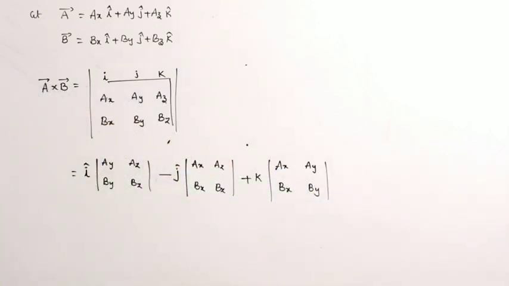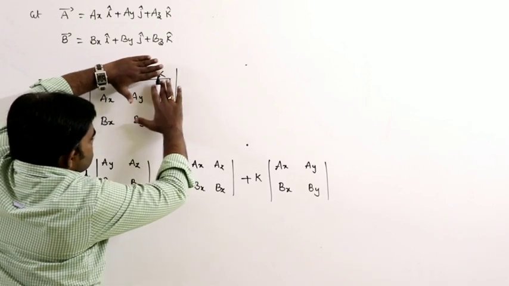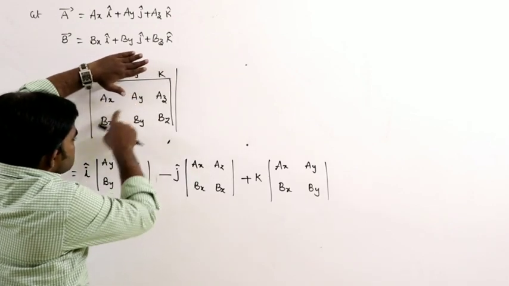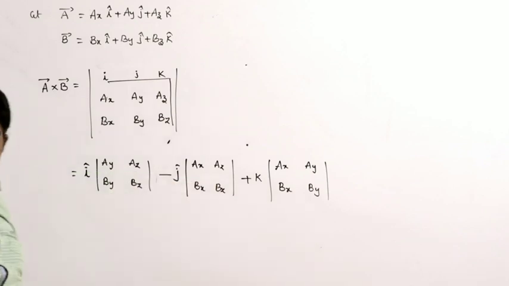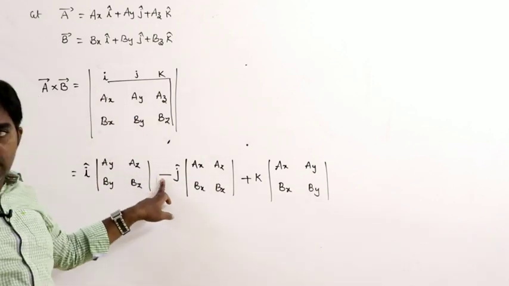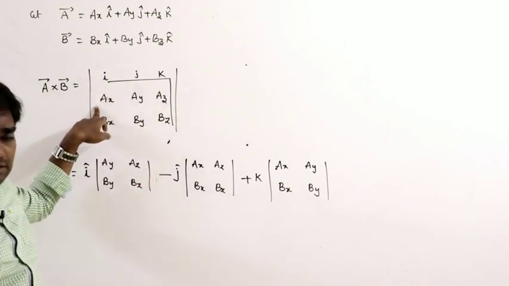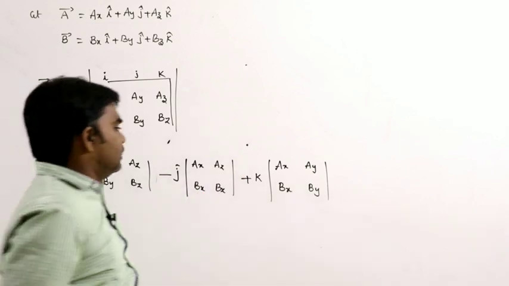Right, as it is like that. So forget about this row and column. What are the remaining values? Ax, Ay, Bx, By, like that. So the first term is I, the second term is minus. In a row, the second term is always minus. In a column also, the second term is minus. Minus j into, plus k into, like this.